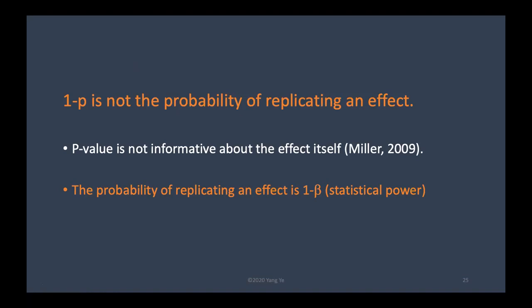We also know that the probability of replicating an effect, if there is an effect, is 1 minus beta, statistical power. They are connected, but 1 minus P is not exactly 1 minus beta, okay? As you have seen earlier, this largely depends on the effect size.